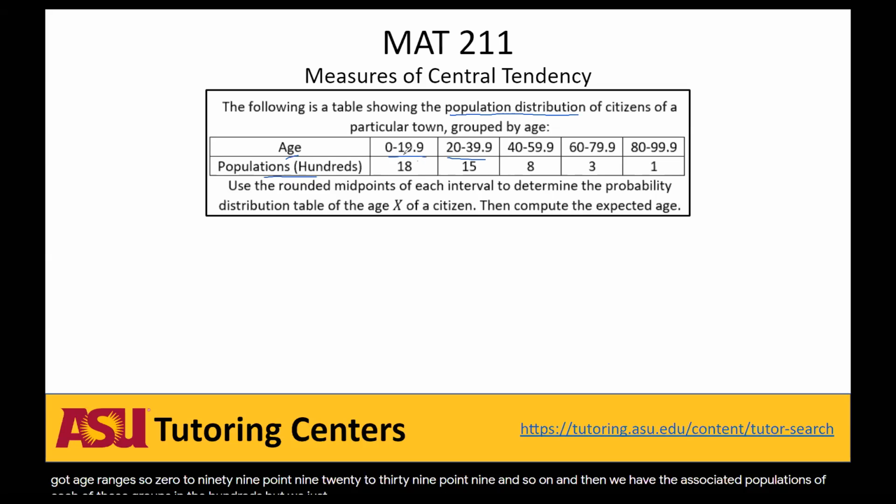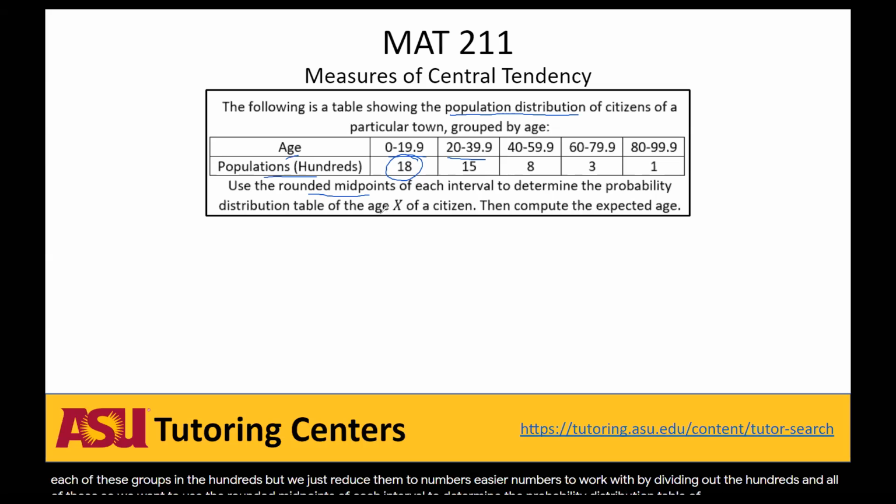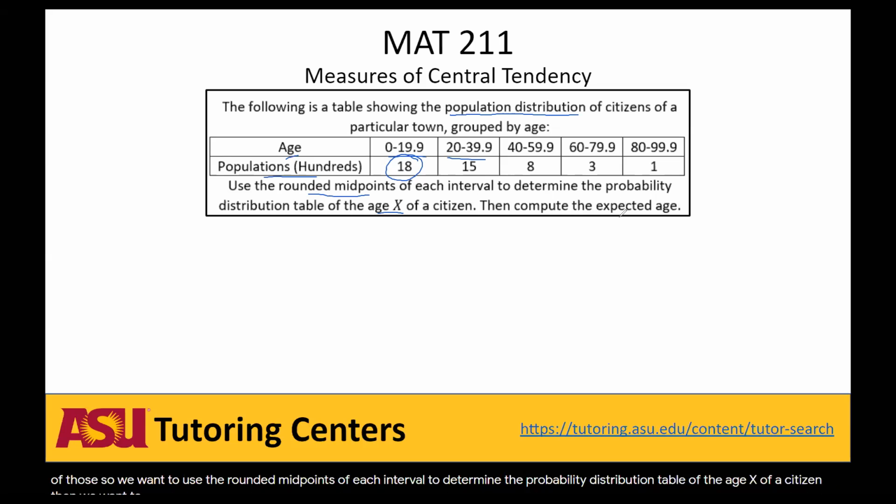But we just reduce them to easier numbers to work with by dividing out the hundreds. So we want to use the rounded midpoints of each interval to determine the probability distribution table of the age X of a citizen. Then we want to compute the expected age, or E of X.